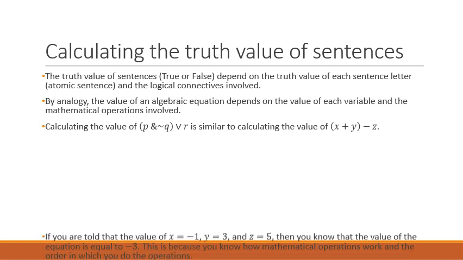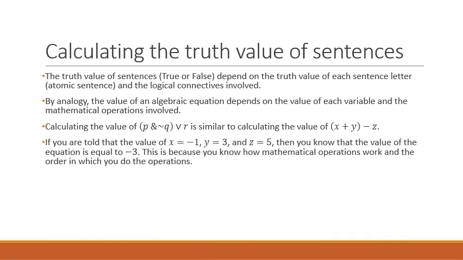For those of you who have some knowledge of algebra, if you are told the value of x, y, and z, you should be able to figure out the value of the whole expression, right? That's because, first, you're given all the values that you need, and secondly, you know what the mathematical operations do. You know how simple arithmetic works, right?